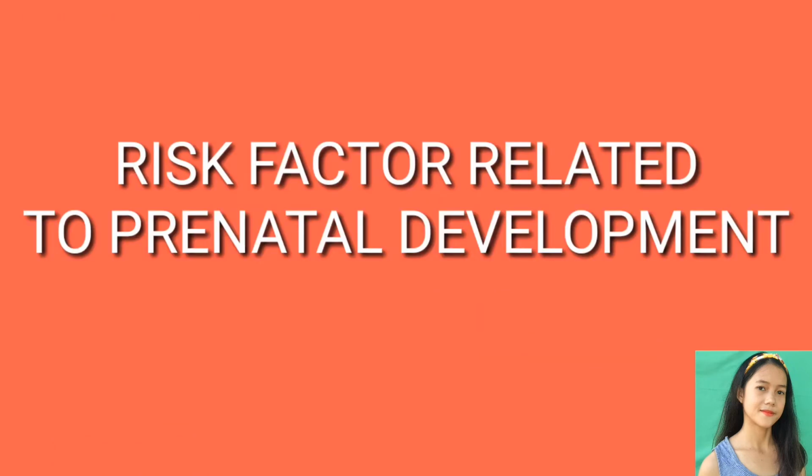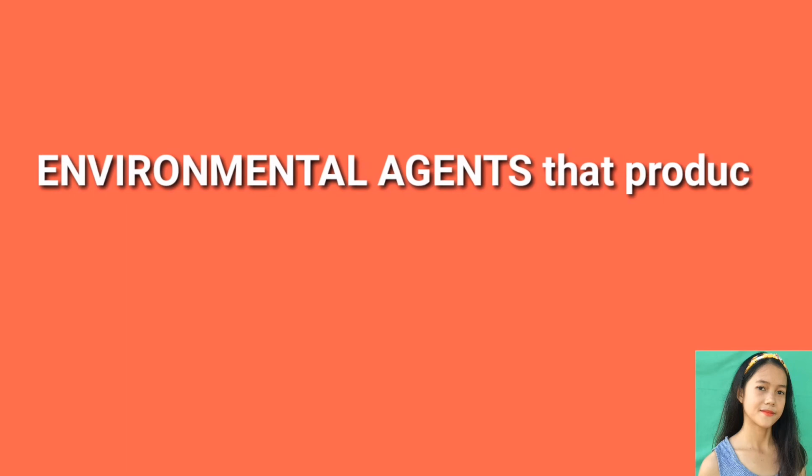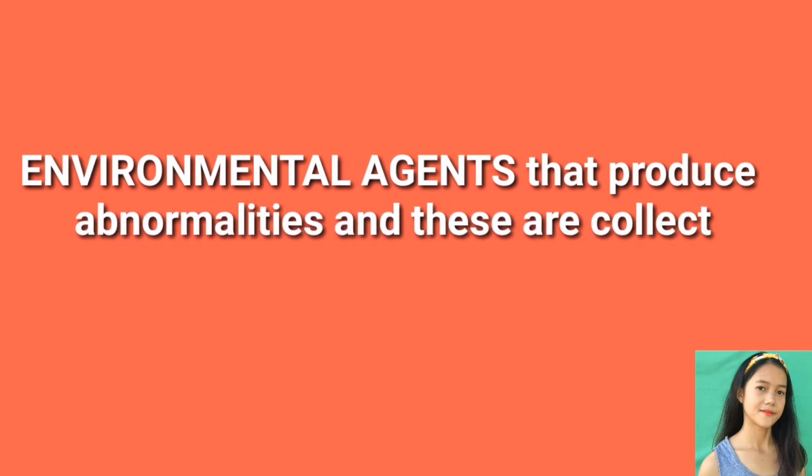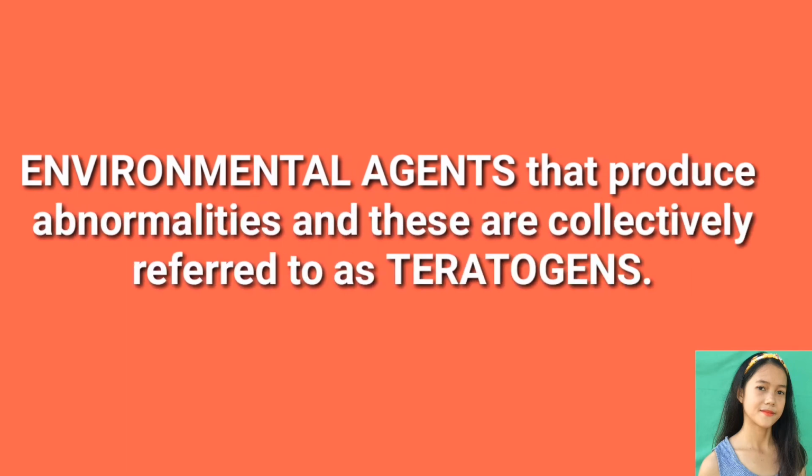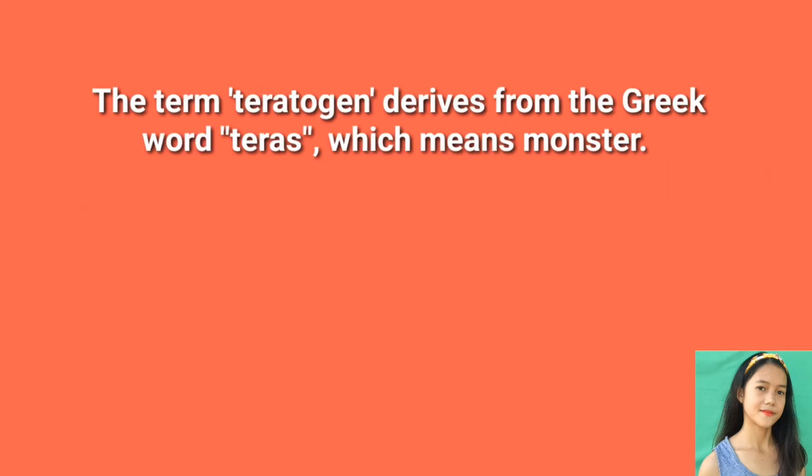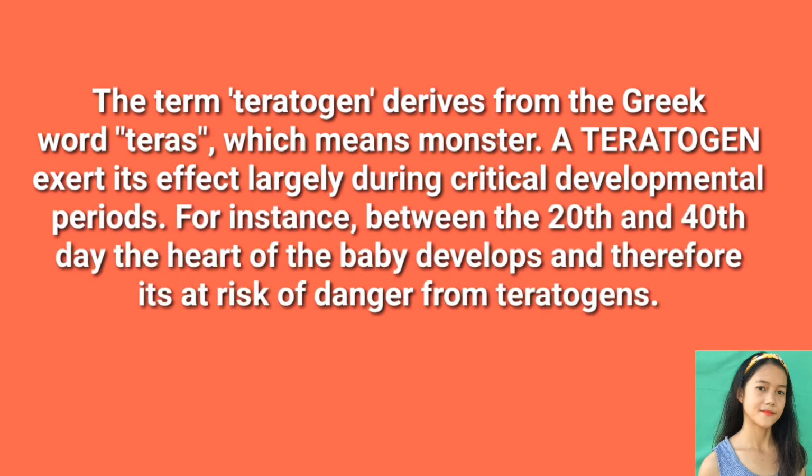There are some risk factors related to prenatal development. The first factor includes environmental agents that produce abnormalities in the developing fetus, and these are collectively referred to as teratogens. The term teratogen is derived from the Greek word teras, which means marvel or monster.